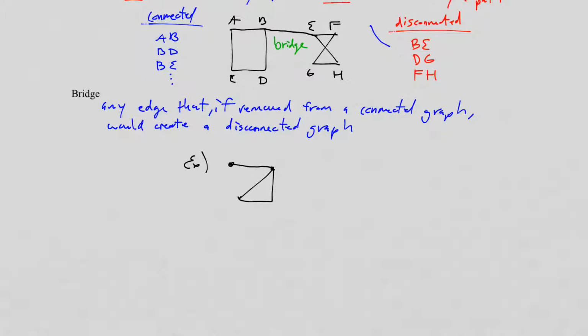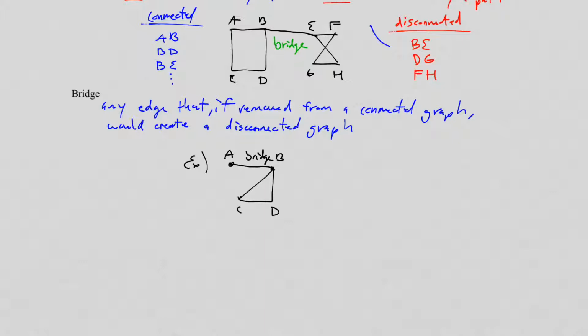There's going to be a disconnected spot. Look at that. Disconnected. Can't get to that spot. Put it back. Now we're connected again. So that particular spot, let's just call it AB. So AB is a bridge.